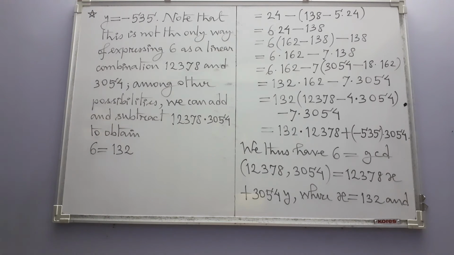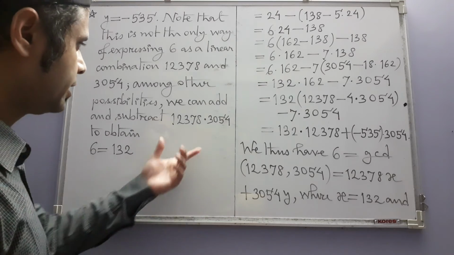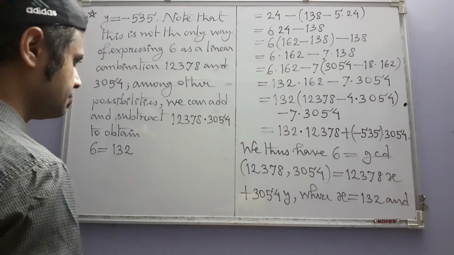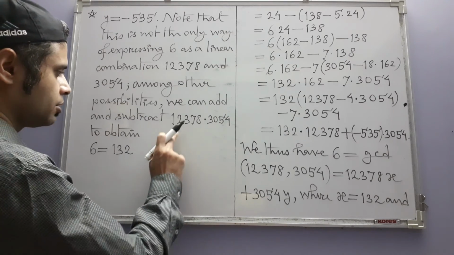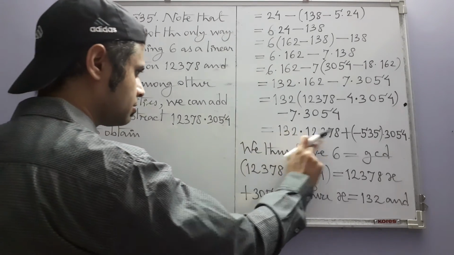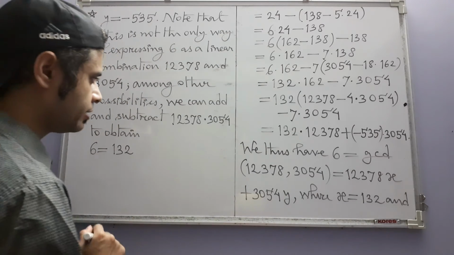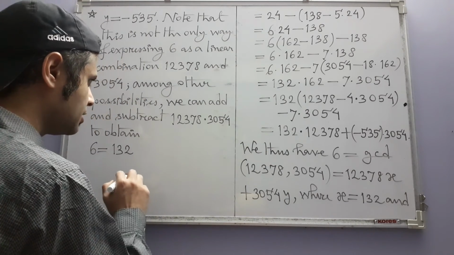Because this number has both the given numbers, things can be conveniently taken common out.